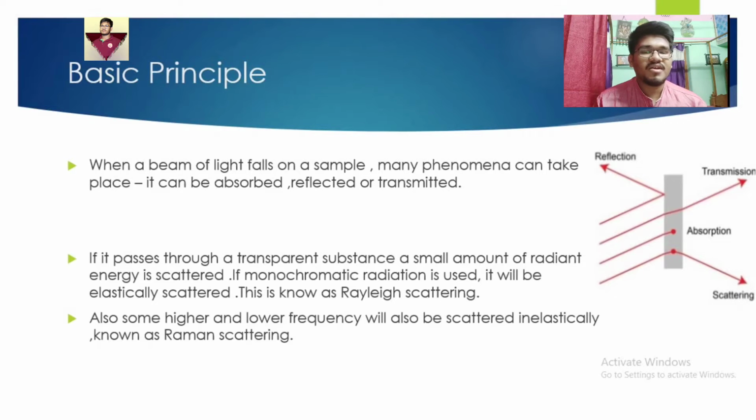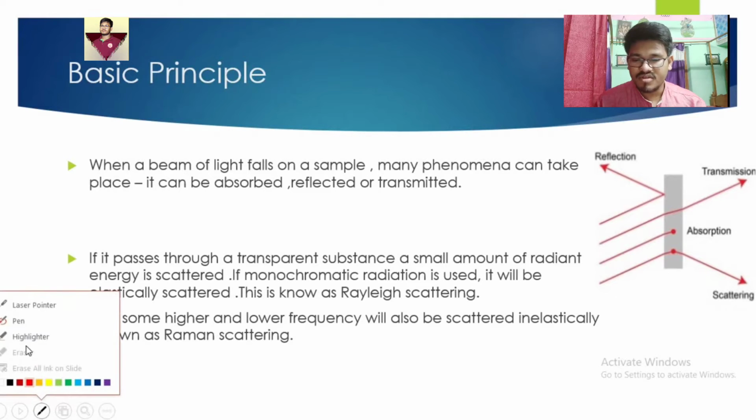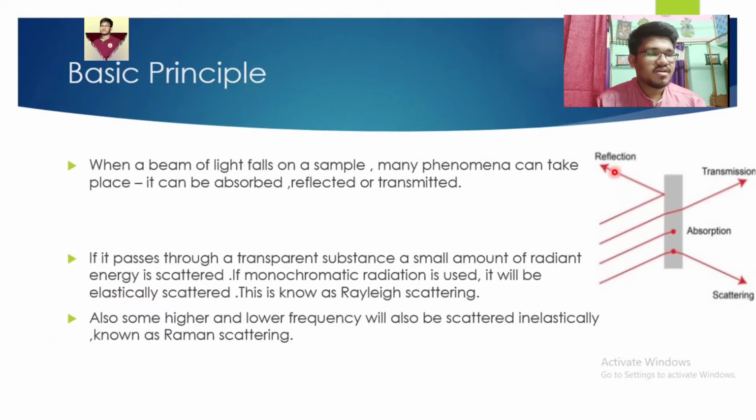So, the basic principle. Briefly, what happens when light falls on a substance? When light falls on a sample, many phenomena happen. Here you can see that reflection can happen, transmission can happen, it may absorb the incoming light, and it can also scatter the incoming light.